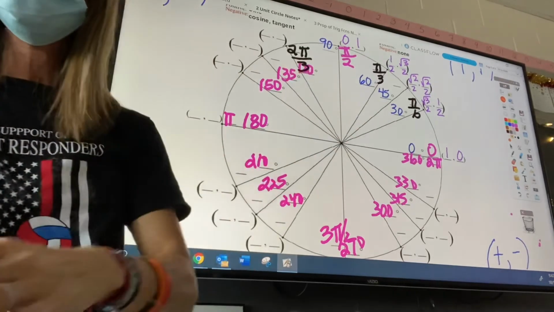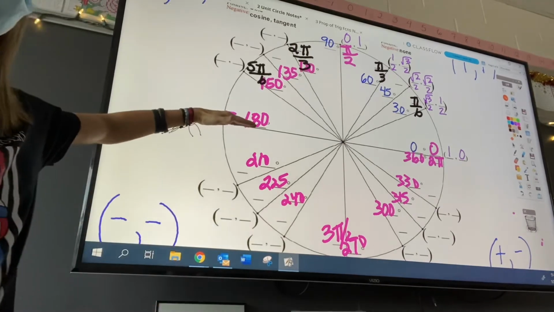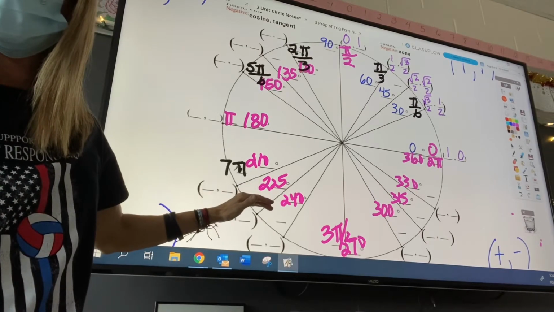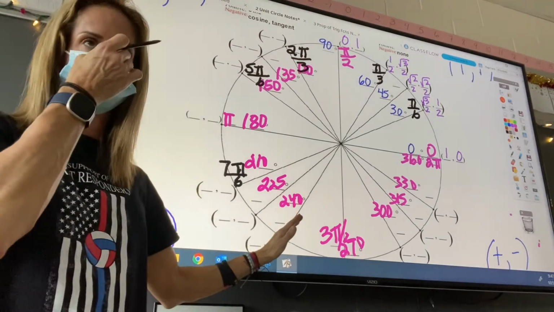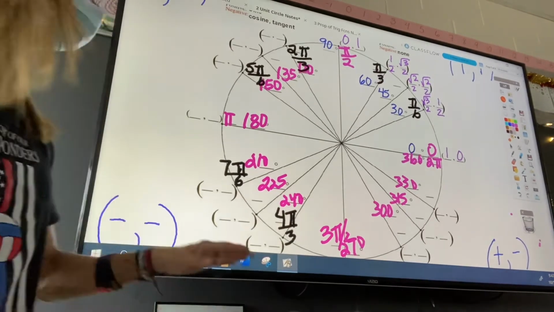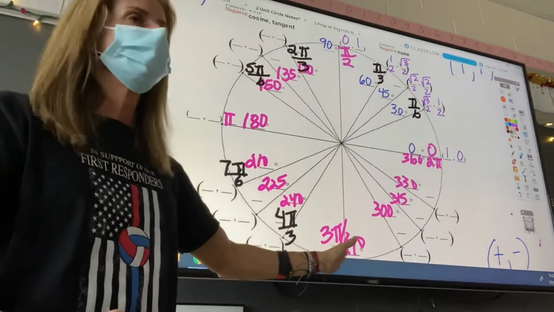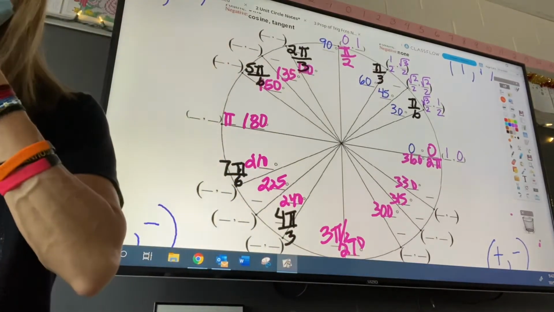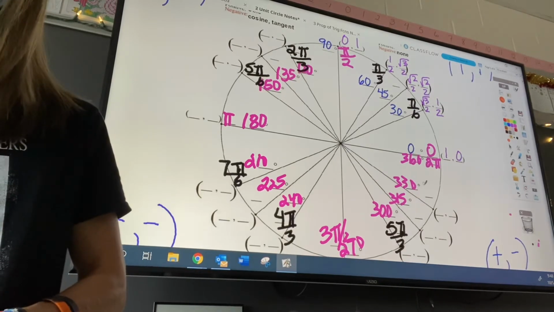We just write 5 pi over 6. 6 pi over 6 is already simplified. 7 pi over 6 can't be simplified. 8 pi over 6 can be simplified. What would that be? So where am I at? 7 pi over 6, 8 pi over 6, 9 pi over 6, already simplified. 10 pi over 6, what would that be simplified to? And then 11 pi over 6.